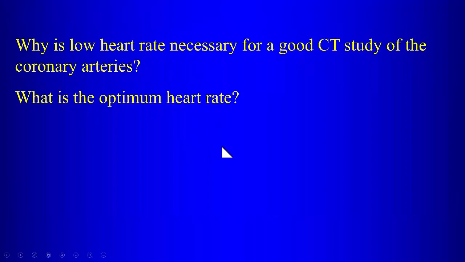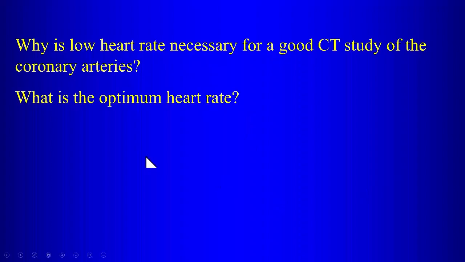Now, why is a low heart rate necessary for a good CT study? What is the optimum heart rate? So why is a low heart rate necessary, besides less motion? Less motion, right? But specifically where? Like the diastolic phase affects the diastolic. So as the heart rate gets faster and faster, what particular vessel becomes the limiting vessel to look at?